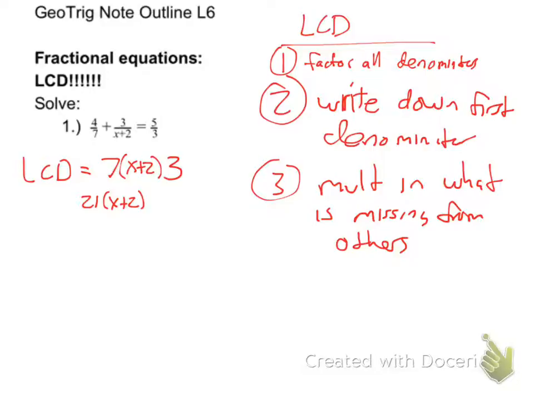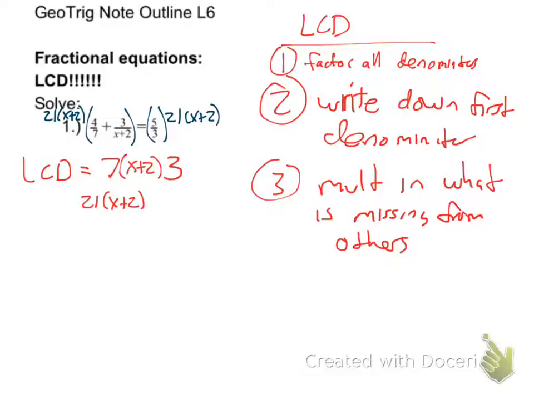And that legal move that we're going to do here is multiply both sides by the LCD. I know it's kind of squishing it in right now. So now, we're multiplying to both sides.